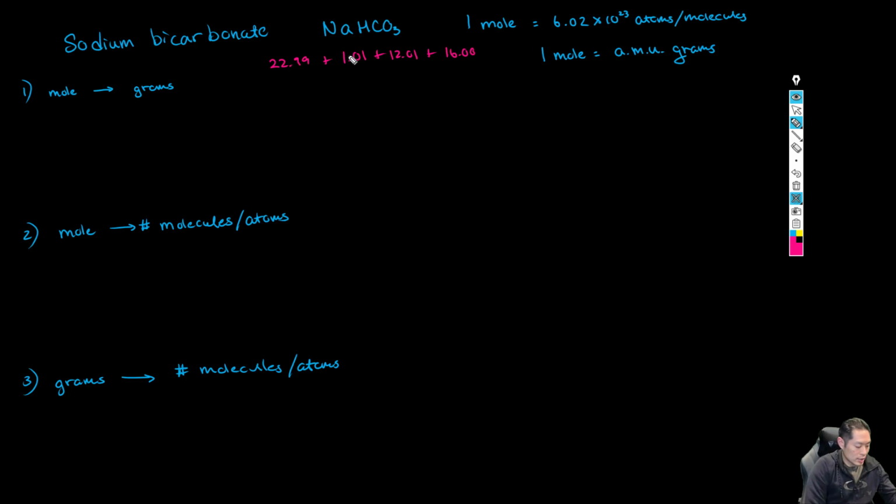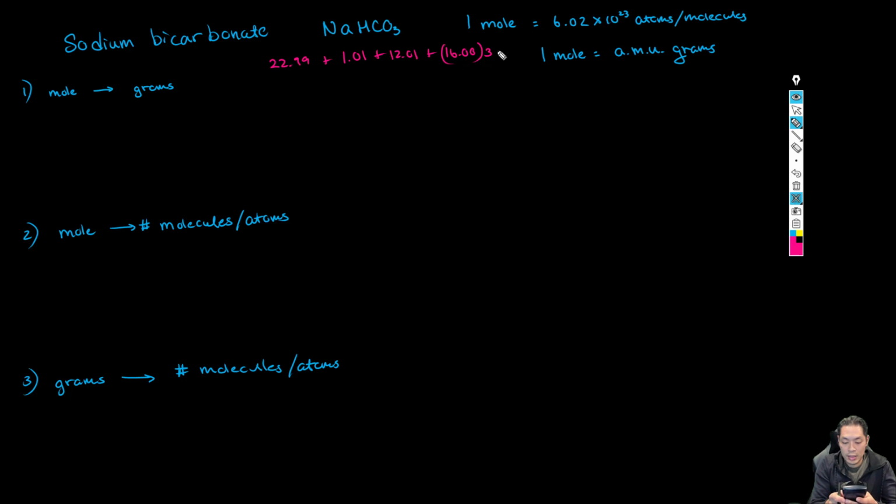So let me grab my calculator. Clear. 22.99 plus 1.01 plus 12.01. And then I need 3 oxygen, so technically I need to multiply this by 3.